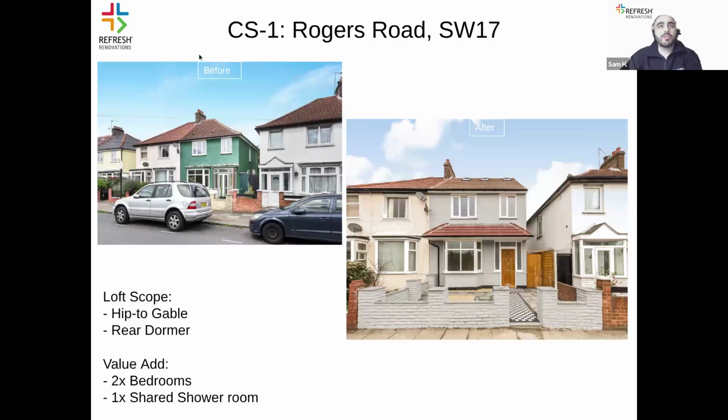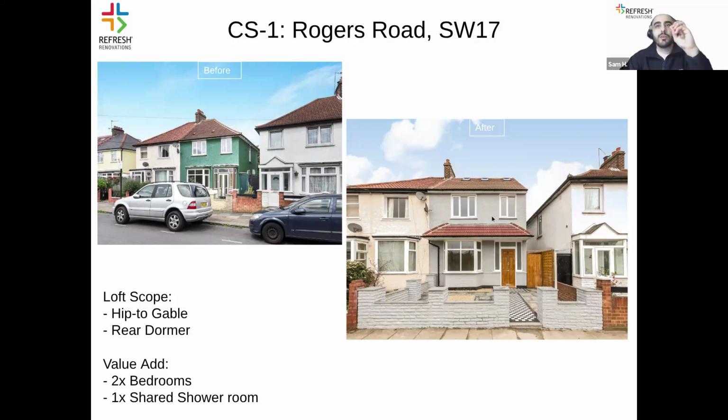So, as an example of a loft conversion, we've just looked at what the rules were for permitted development to be able to build a loft within these rights. This project was for a semi-detached house in Tooting on Rogers Road. This is a photo of how it used to be, and this was it after construction.